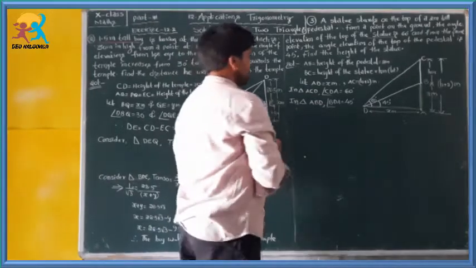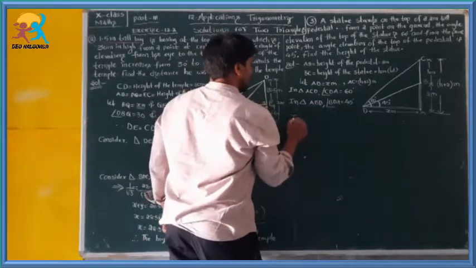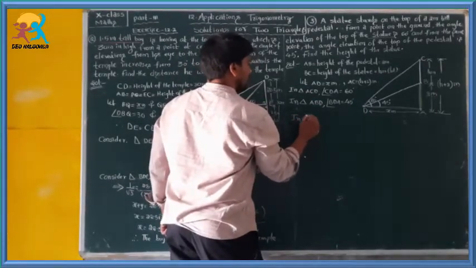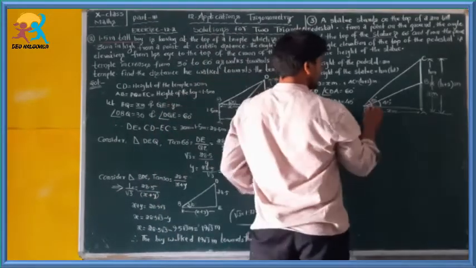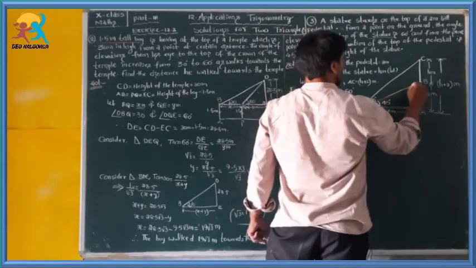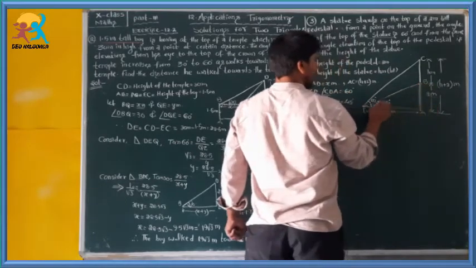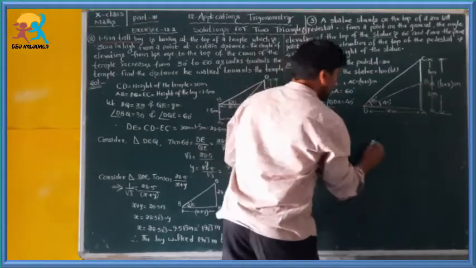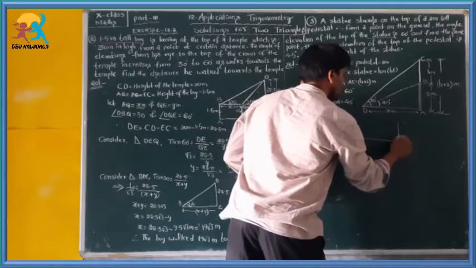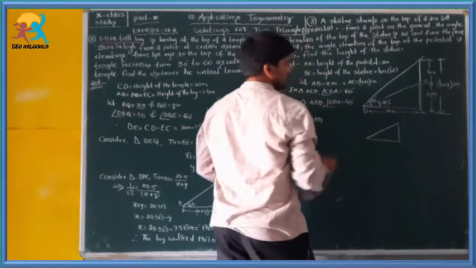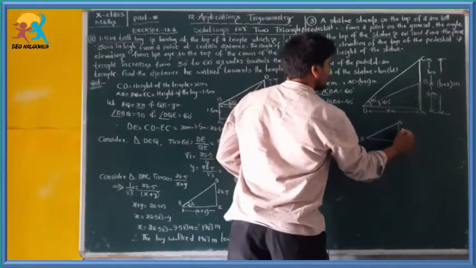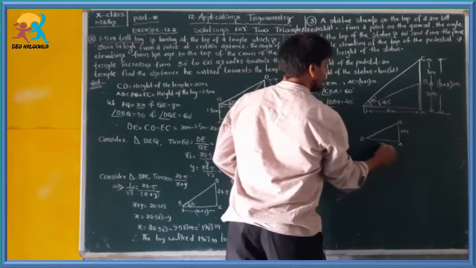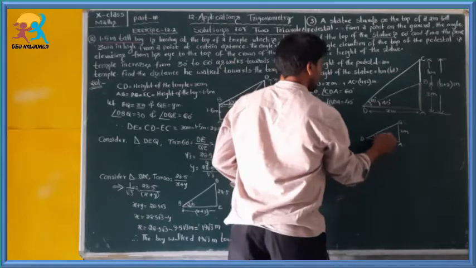Now let us solve this. Consider the smaller triangle ABD. I am considering only ABD. Let us draw the triangle ABD again. DAB: this is 2 meters, this is x meters, and this is 45 degrees.